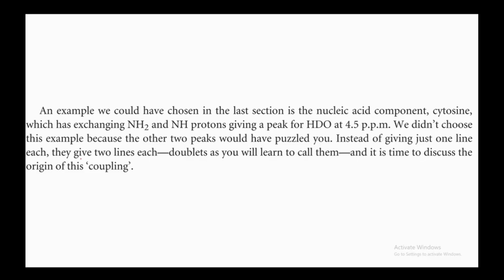We didn't choose this example because the other two peaks would have puzzled you. Instead of giving just one line each, they give 2 lines each. Doublets. So a doublet is 2 lines, and we write doublets as a small d. As you will learn to call them, it is time to discuss the origins of the coupling.